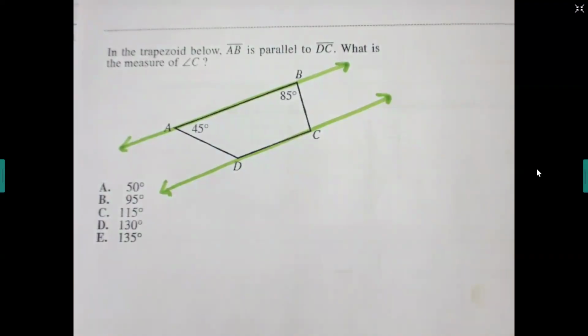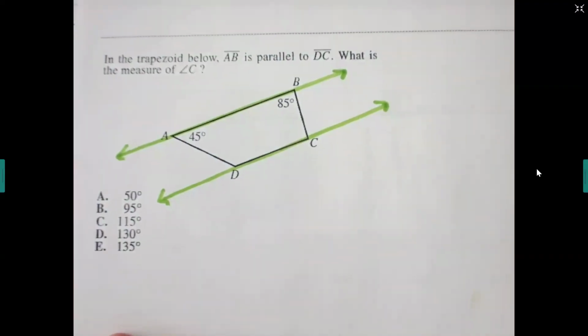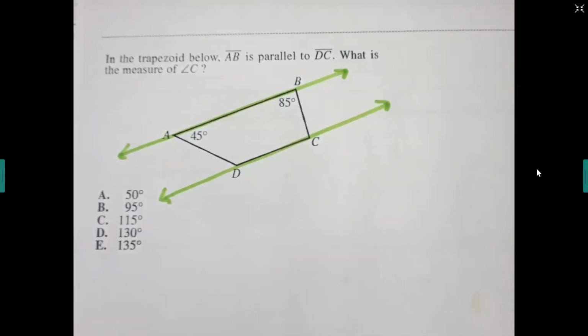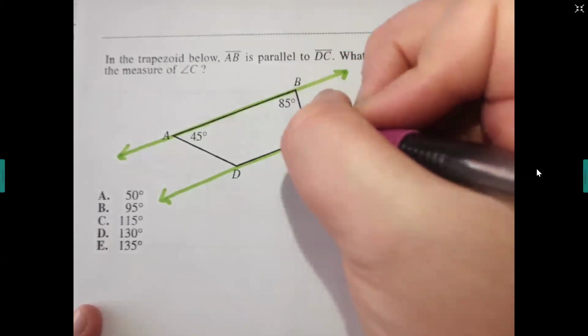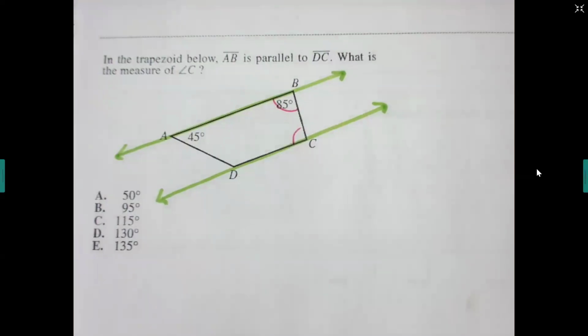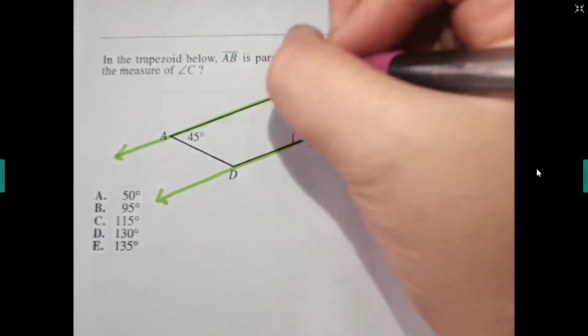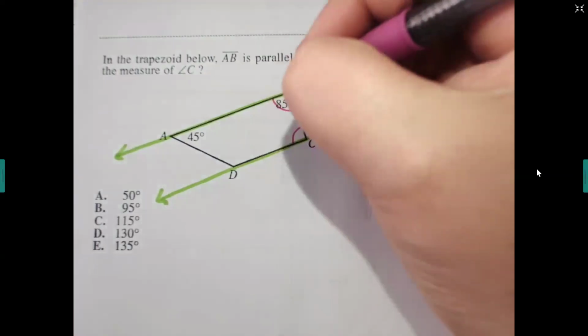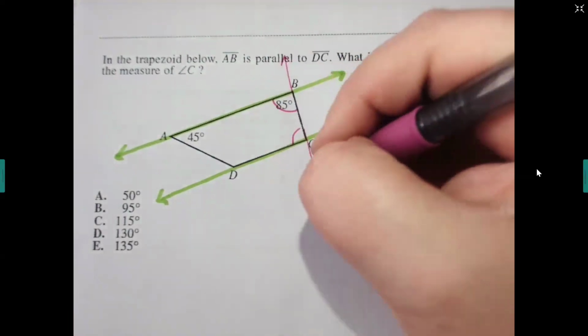So, I don't know if you remember, we're looking for angle C. So put your little question mark in angle C. Do you remember the rule about what these two angles have to add up to if they have a line that cuts through them? 180. So if this is 85, just subtract it from 180 and that would give you whatever's left over here. These two angles are called alternate interior angles.